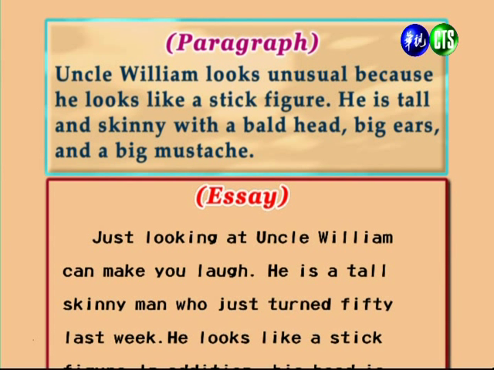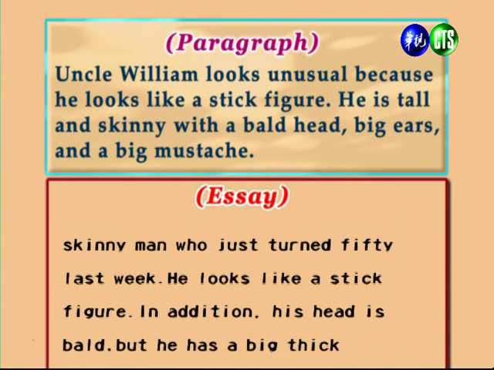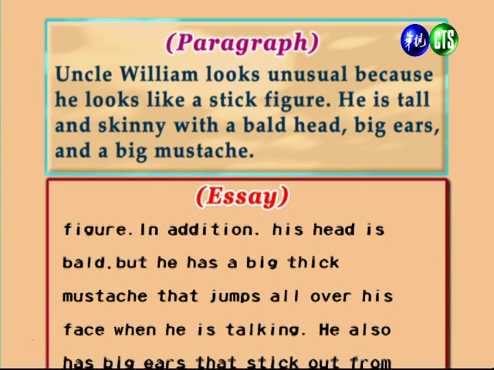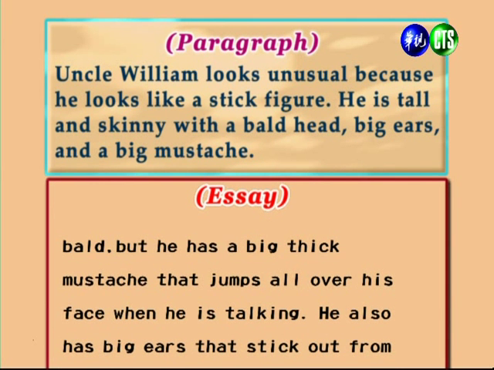The first sentence says just looking at Uncle William makes you laugh. It might sound like it's mocking him, but we can see the tone is humorous and fun, not meant to offer a negative view. And now as we look back at the paragraph, we look at some of the features of Uncle William. We see that he's tall, he's skinny, he has a bald head, big ears, and a big mustache.